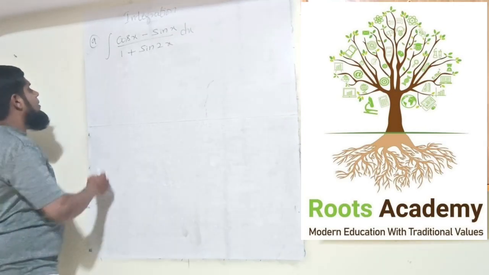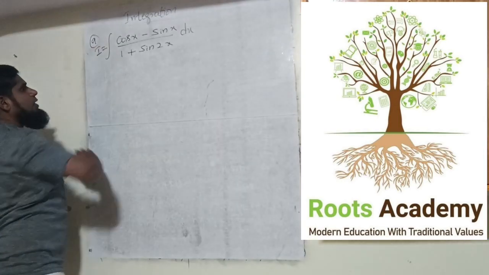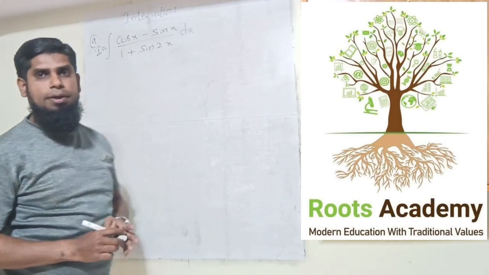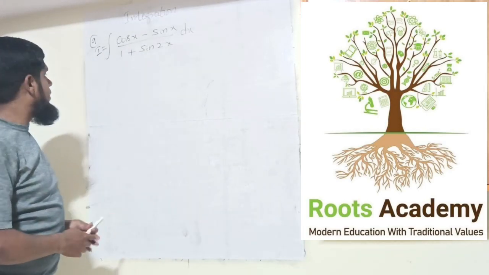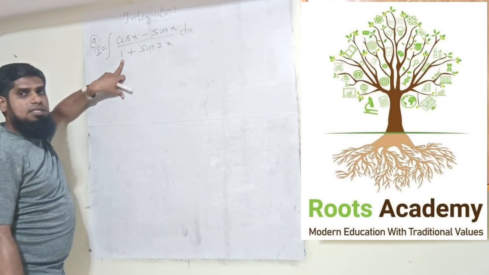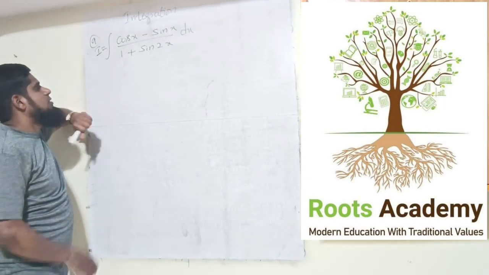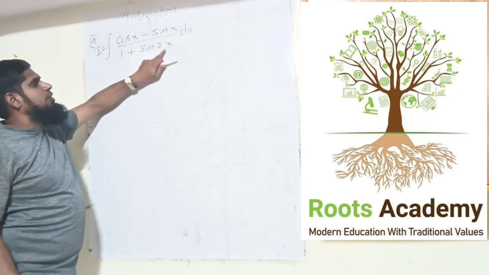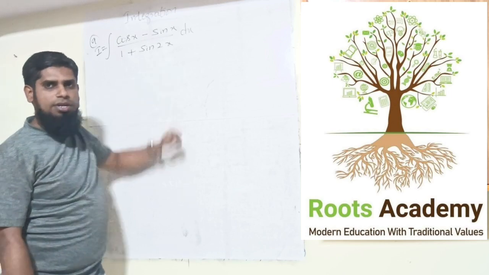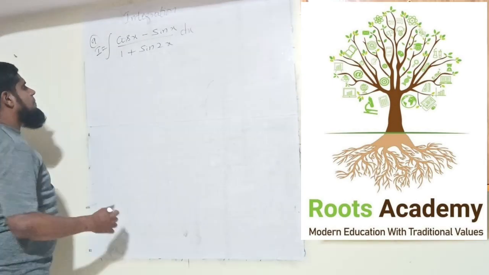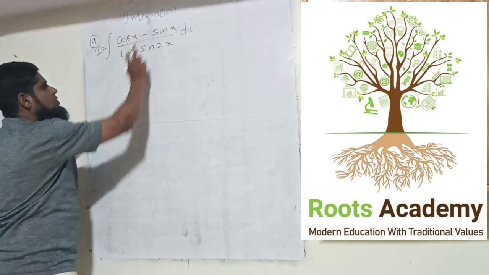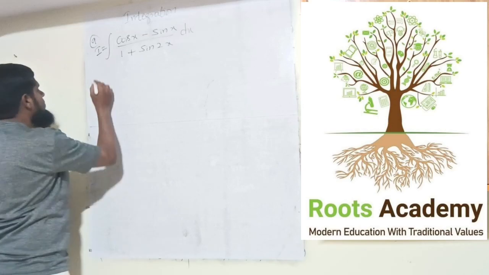But in this particular problem, we should give importance to 1. And we know that in trigonometry, the value of 1 is cos square theta plus sin square theta. And the sin 2 theta formula we can apply, it is 2 sin theta into cos theta. Let us apply the formula only to the denominator, numerator as it is, no changes in the numerator.